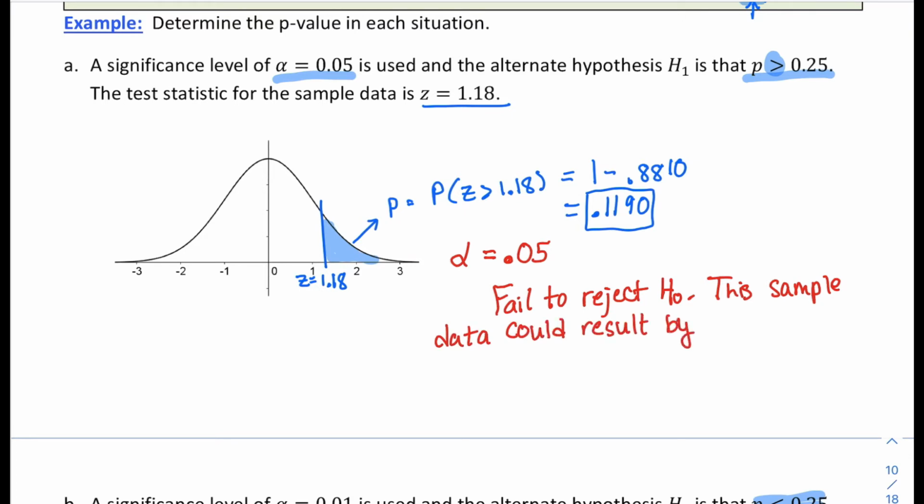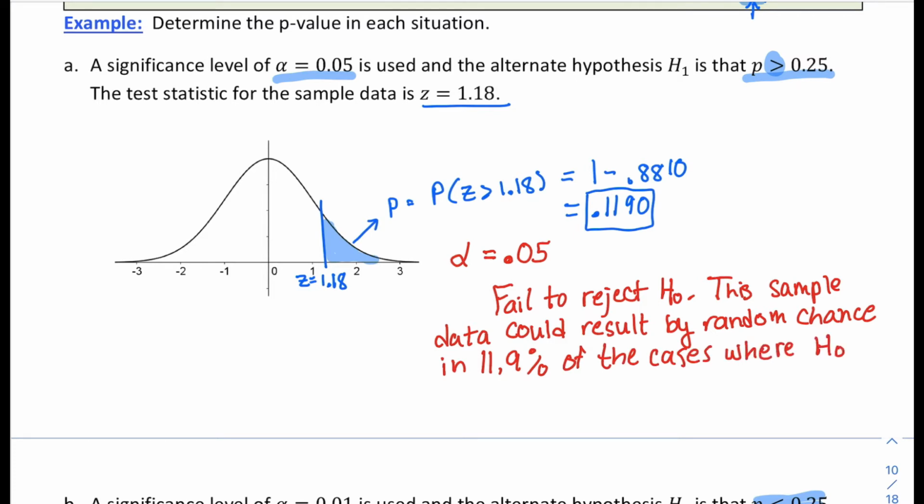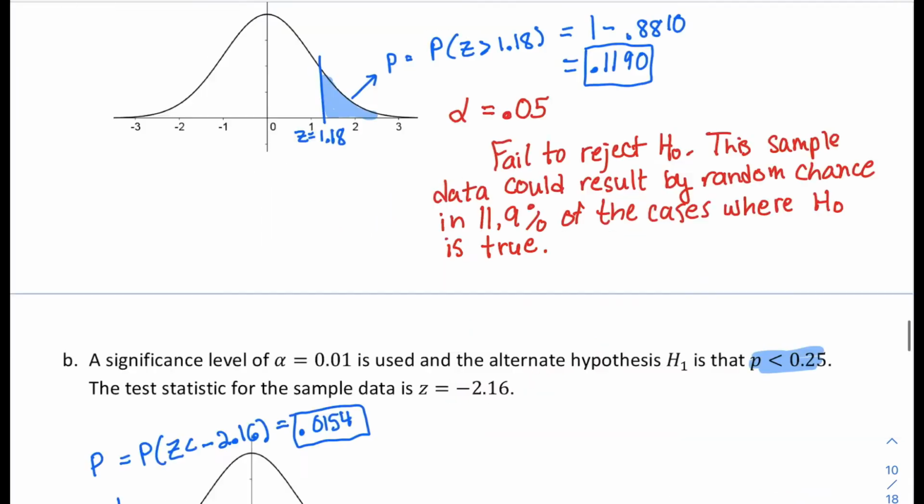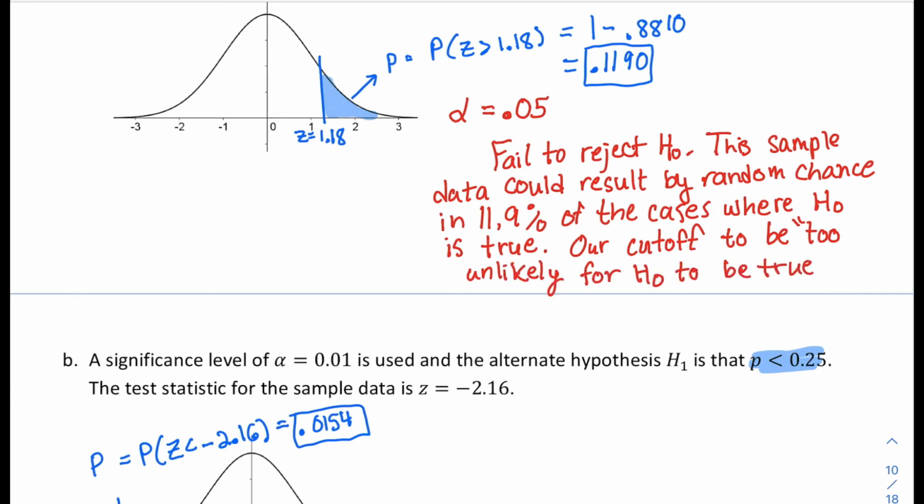I'm going to say that our sample data that we have could have resulted by random chance in 11.9% of the cases where our null hypothesis is true. So that means that our sample is not super unlikely to occur given that our null hypothesis is true, and it's more likely than our cutoff of 5%.